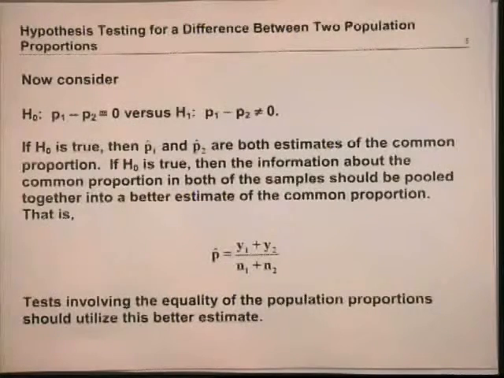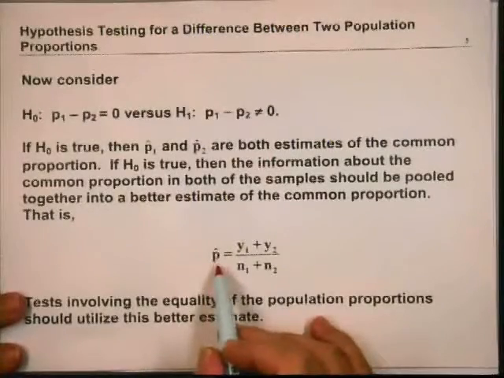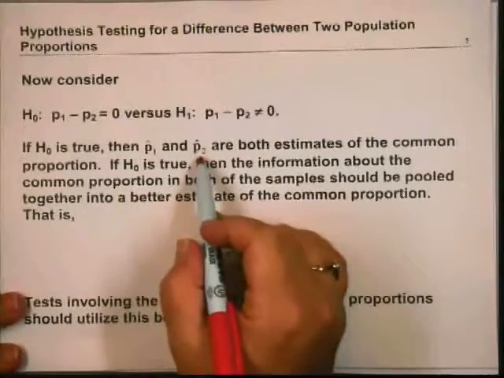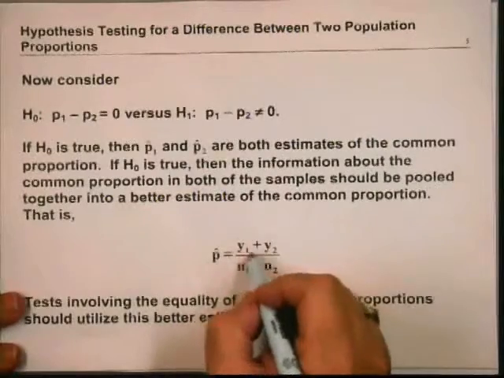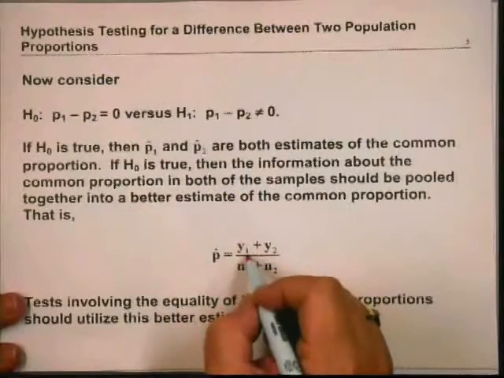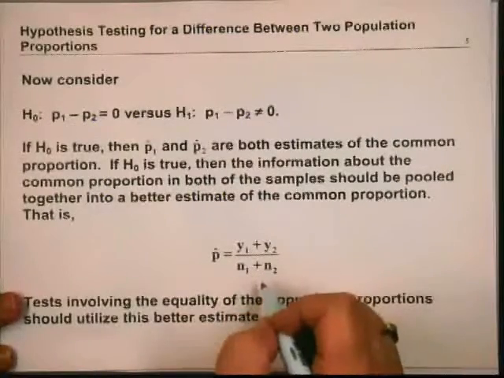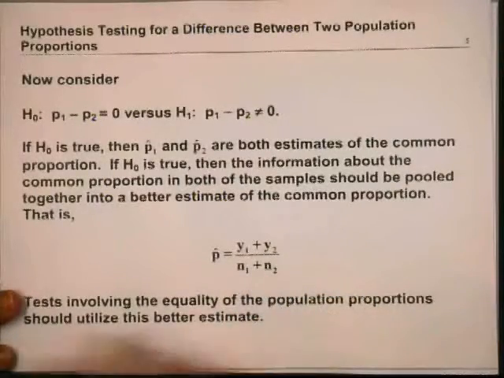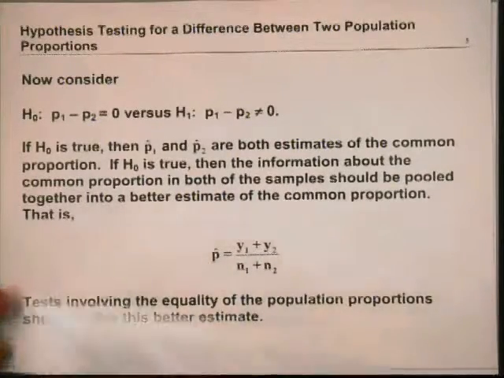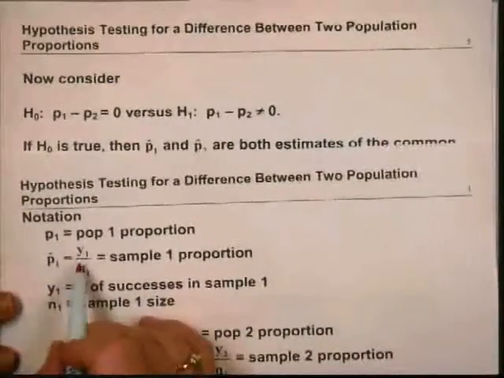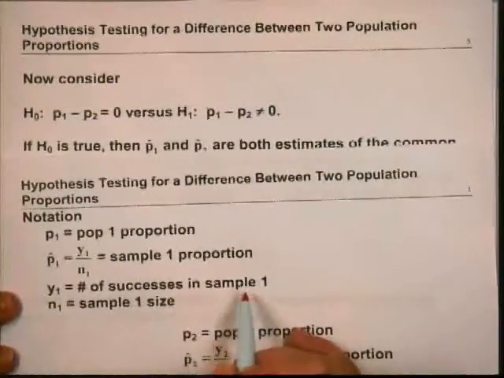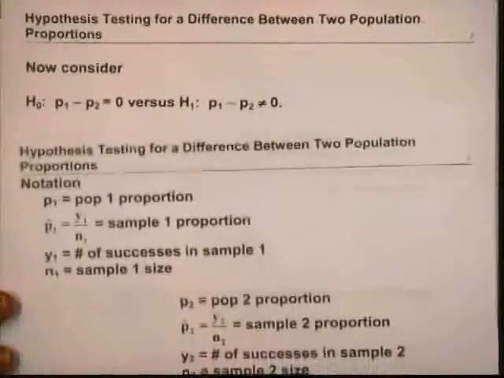We come up with a pooled estimate for a common proportion. So P hat with no subscript versus P1 hat and P2 hat. So this takes all of those that exhibit the characteristic out of sample 1 plus all those that exhibit the characteristic out of sample 2 and divide by the combined sample size. So this Y1 and Y2 are what were defined back on page 1 of today's lecture: the number of successes in sample 1 and the number of successes in sample 2.